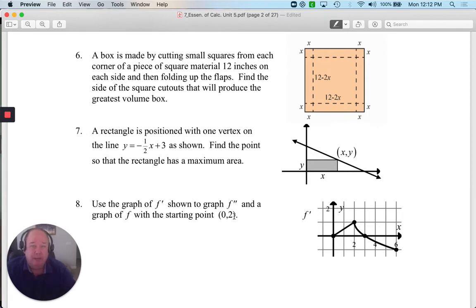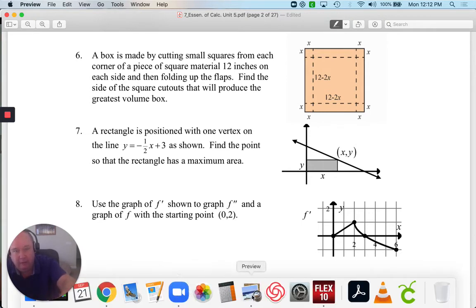So a box is made by cutting small squares and removing them from 12 inches on each side and then folding up the flaps. Find the sides of the square cutouts that will produce the greatest volume. So secondary compared to primary. Now in this case, I only have one variable, so I don't need a secondary. All I need is a primary. So I'm going to do my best at being an artist, which means it's not going to go well.